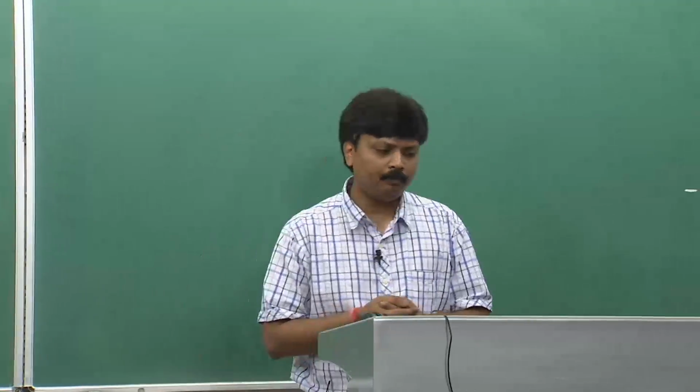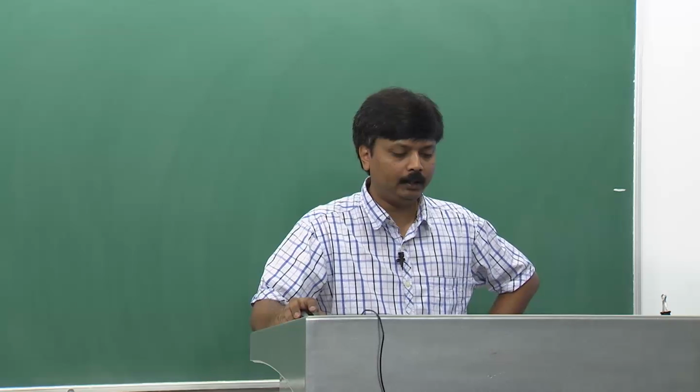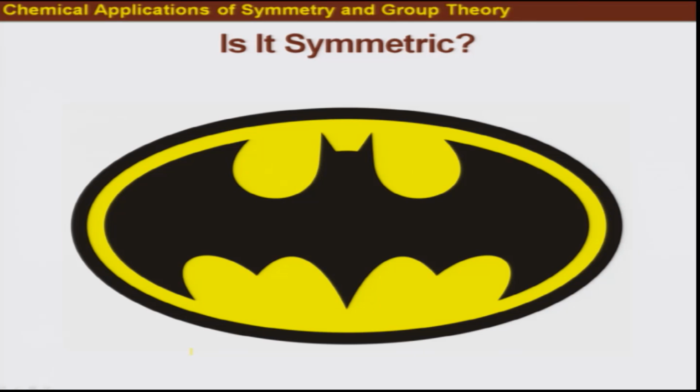Let's have a look at some of the other structures that we can think of. You obviously know this one is the famous symbol in the Batman movies, right? This is a picture of a bat, seemingly. Looking at this, you can say there is some sort of symmetry. Why?